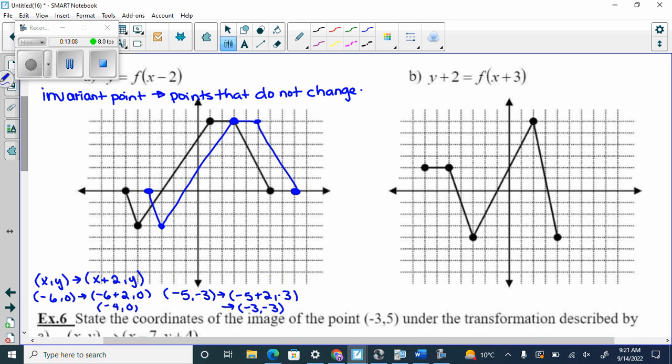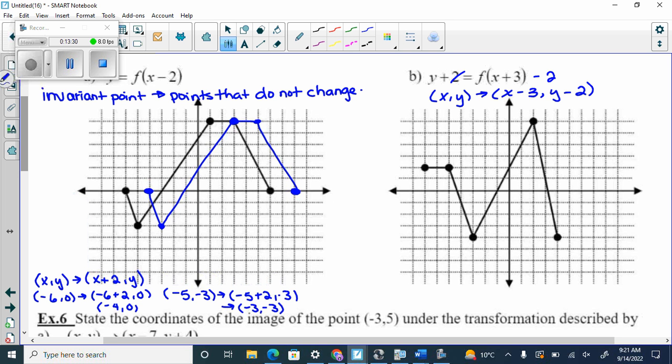Okay, this one, we're going to show the mapping. Our mapping is going to be x, y becomes x minus 3 comma y minus 2 because we're moving it 3 left and 2 down. Now you can plug these all in, but I'm okay with you just moving them now because you understand the mapping portion and that's all I need you to take from here.